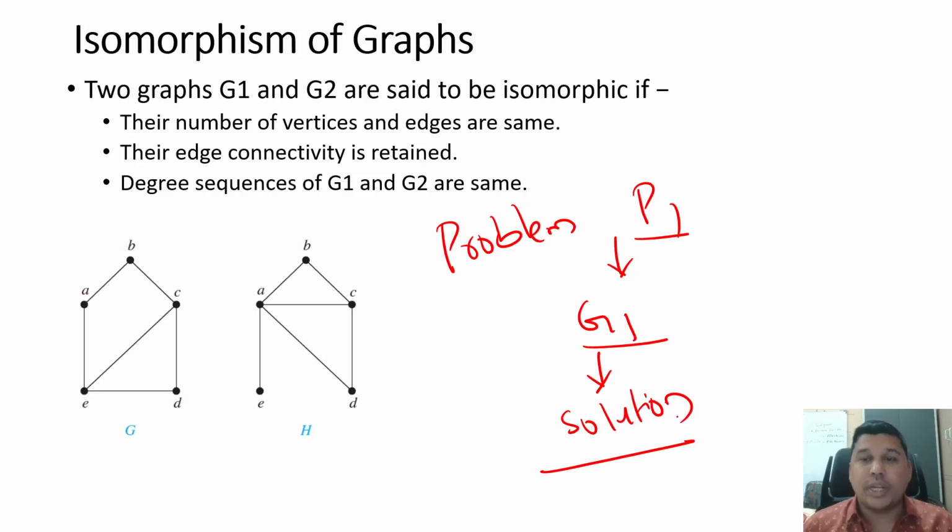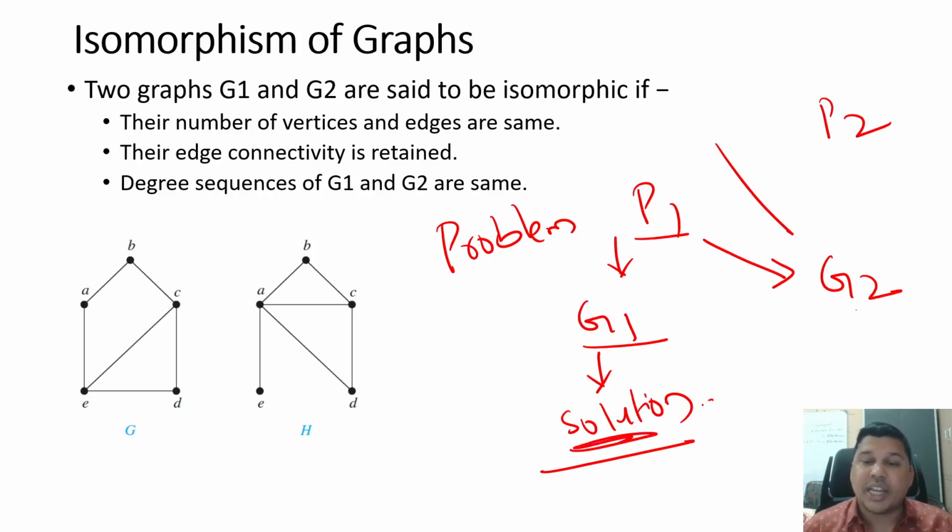After doing this, if there exists another problem P2, a similar problem to P1, then you represent it as graph G2. If you are unable to find a solution for G2, then the solution S1 which you got earlier will help us identify the solution for G2. Meaning that graph G1 has certain properties.